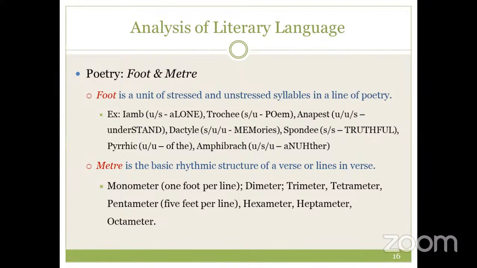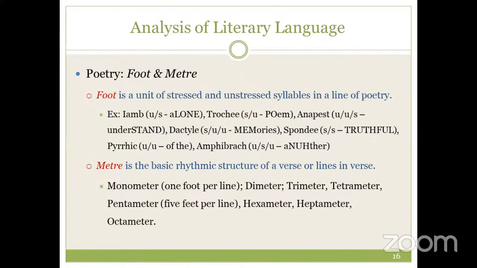Which means, say we have alone as one word which has an unstressed syllable followed by a stressed one. So if this alone repeats thrice, then it is a trimeter. Now try to change the second and third alone with some other word which has the same unstressed and stressed syllable combination.